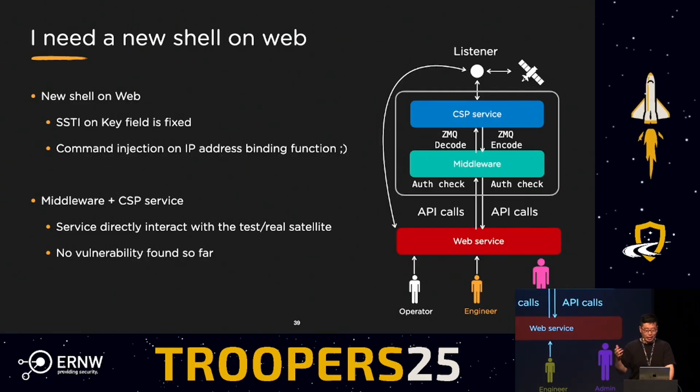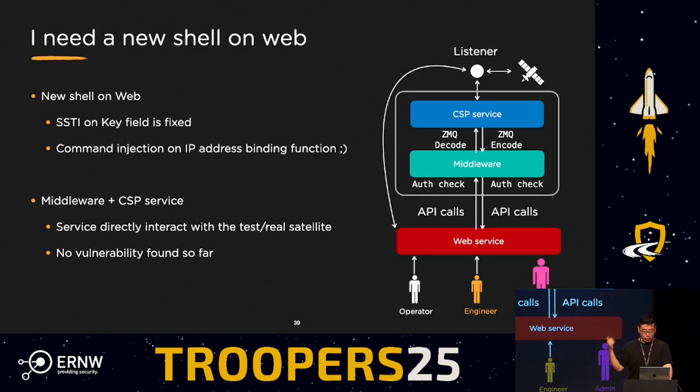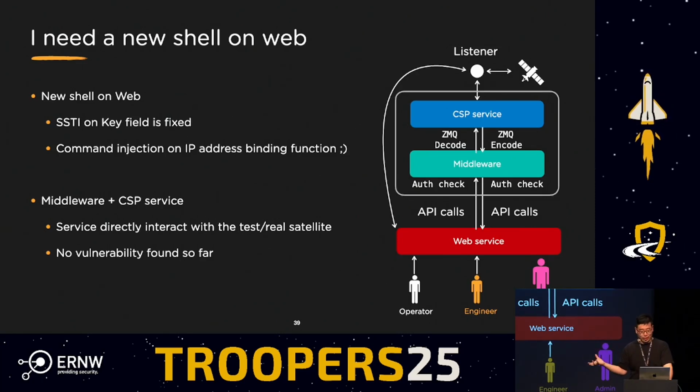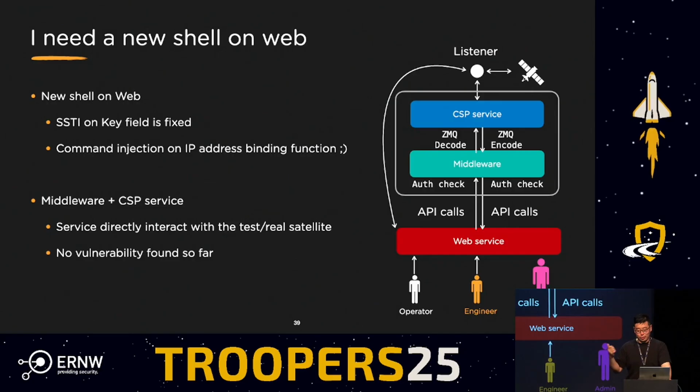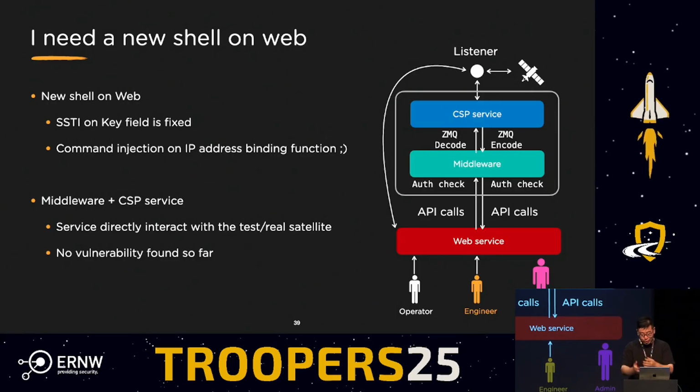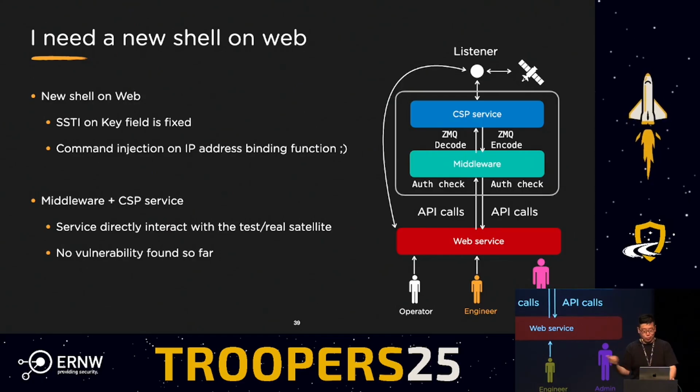So basically, I got a new shell here, and then what I wanted to do was interact with the device, the satellite, right? So I tried to find vulnerabilities in the middleware and CSP service, because they are the real services that directly connect and interact with the satellites.